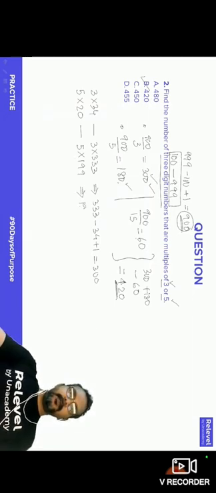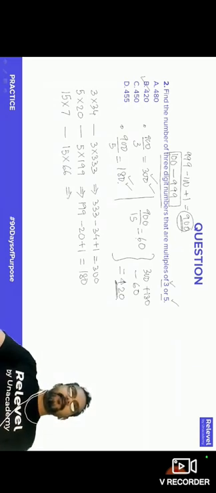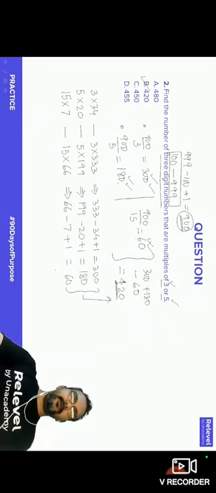So the number of terms is 199 minus 20 plus 1, so that is 180 numbers. For 15, similarly, it is 15 times 7, all the way till 15 times 66, which is 990 itself. So that would give us 66 minus 7 plus 1, so that's 60. So your answer is 300 plus 180 minus 60. So that's 420 numbers.